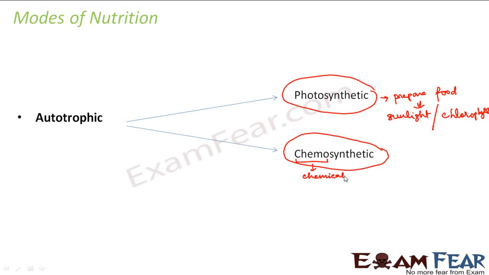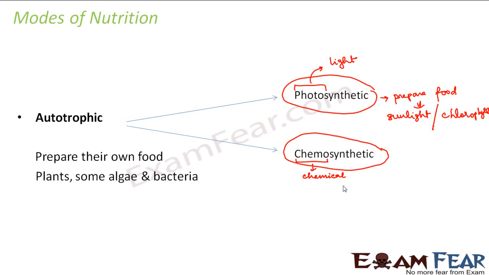So the first kind of organisms, since they are photosynthetic and photo means light, use light energy to prepare food, and chemosynthetic, chemo means chemical, so they use chemical energy to prepare their food. So these organisms together prepare their own food, whether it is photosynthetic or chemosynthetic.